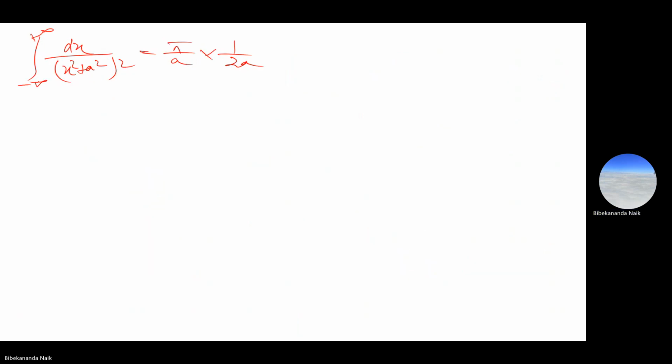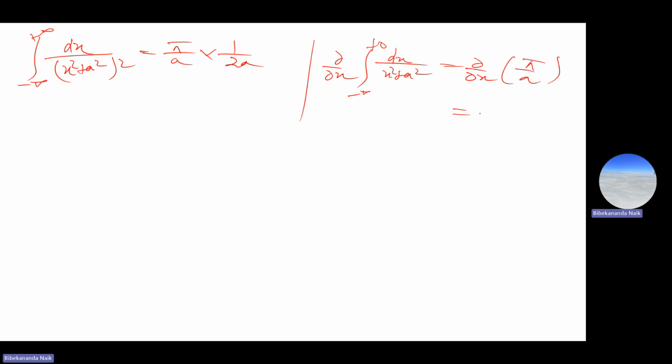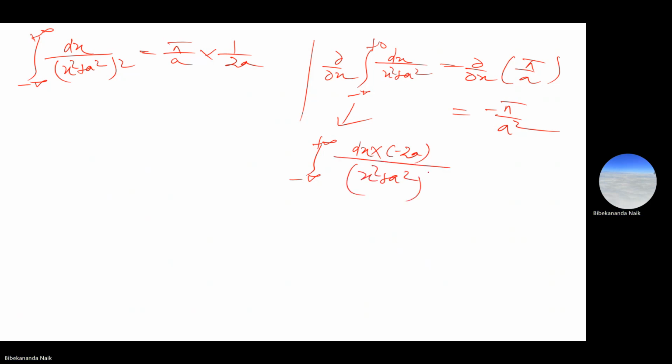If you take ∂/∂x of the integral from minus infinity to plus infinity dx by (x² + a²), it will be ∂/∂x of pi by a, so it will be minus pi by a square. Now this part we obtained as the integral from minus infinity to plus infinity dx into minus 2a divided by (x² + a²) whole square, which equals minus pi by a square.